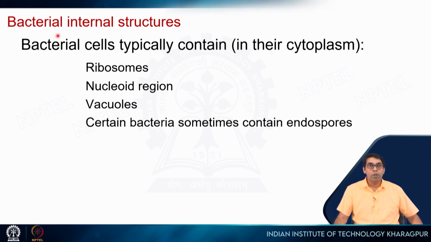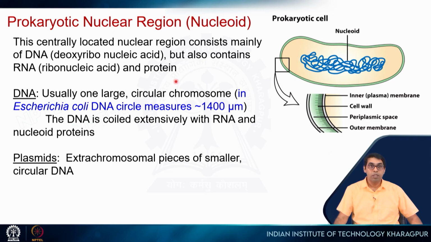If we look at the internal structure of bacteria, they are relatively simpler. There you have ribosome, there is a nucleoid region which has the DNA, there are some big vacuoles, and certain bacteria sometimes contain endospores. So, this is the bacterial architecture. It has DNA, normally a single circular molecule.